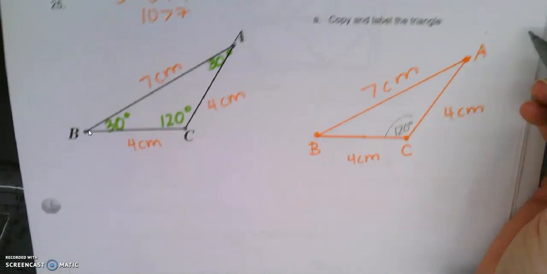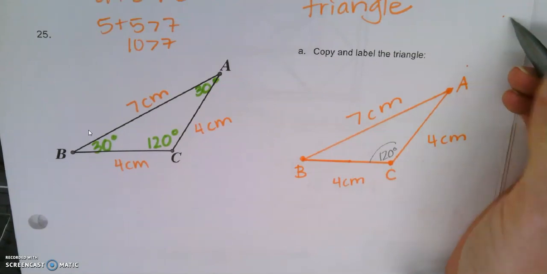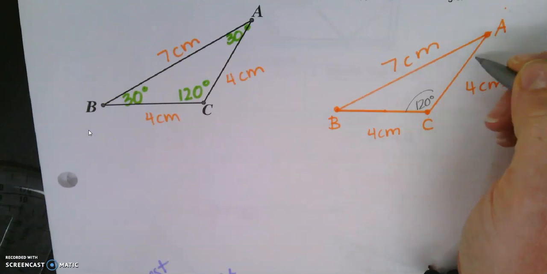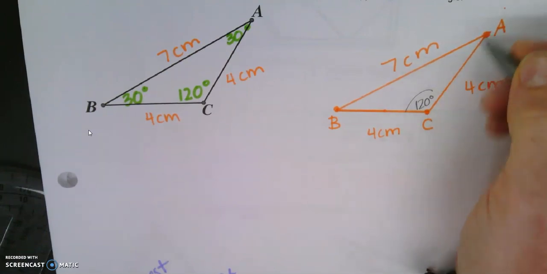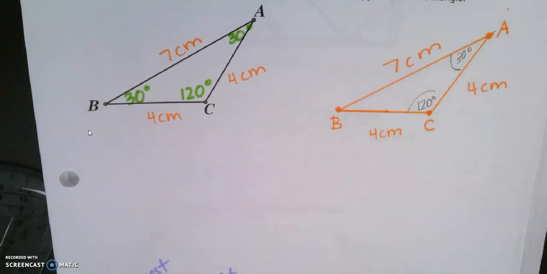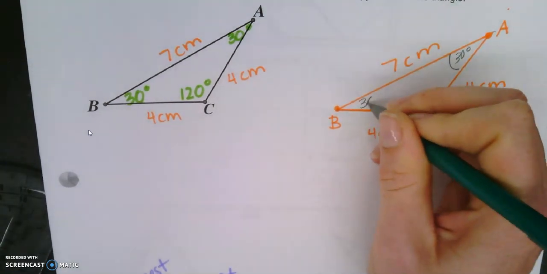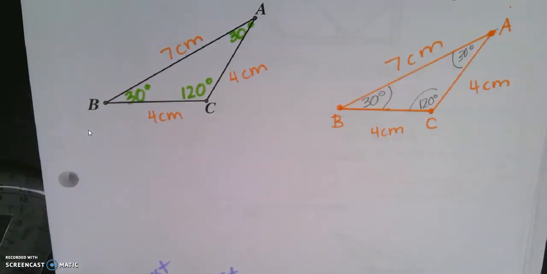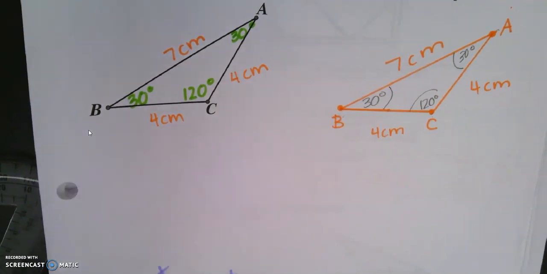And notice I have these little dots up here for where I measured. Then I went back and remeasured angle CAB to get 30 degrees, and again measured the angle CBA to also get 30 degrees. Perfect.